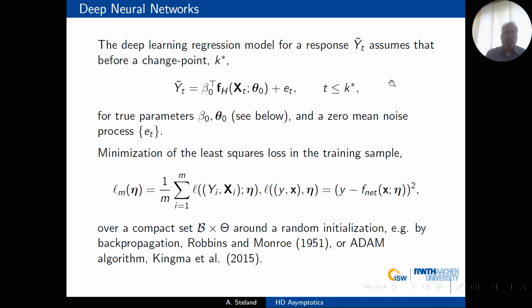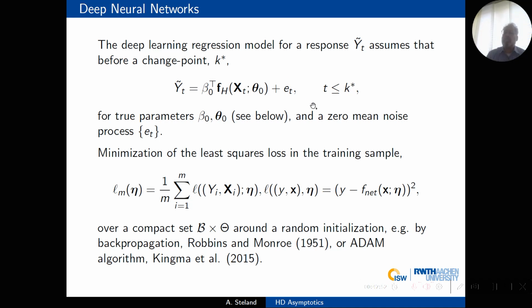Okay, and the regression model we then formulate for response y_t tilde before the possible change point k star is as follows. So we assume that there are true parameters beta_0 and theta_0. So theta_0 are all weights of the neural net we need for the hidden layers. And beta_0 are the parameters of the linear output layer.